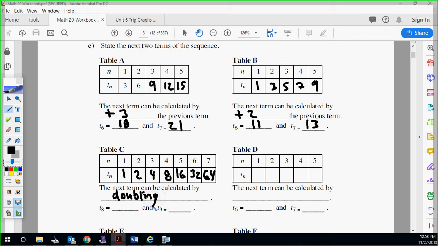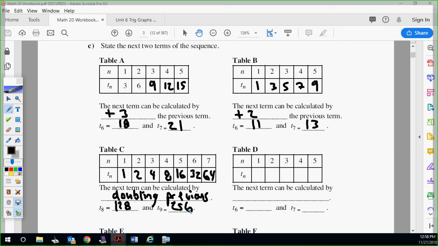No, because, what's 2 times 3? Yeah, you're on the right idea. Okay, doubling previous term. We're going to learn how to write that. T8, so it's 128 and 256. Thank you.